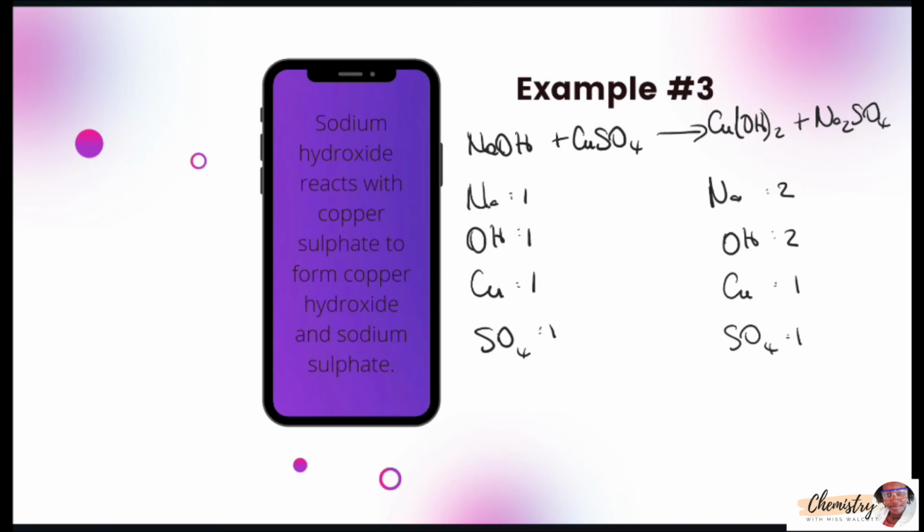So we have 1 sodium atom on our reactant side, but we have 2 on the product side. 1 hydroxide ion on the reactant side, 2 on the product side. 1 copper ion on the reactant side, 1 on the product, and 1 sulfate on the reactant side, 1 on the product side. So we need to balance our sodium, we need to balance our hydroxide.